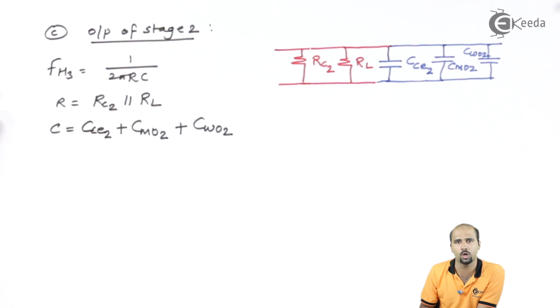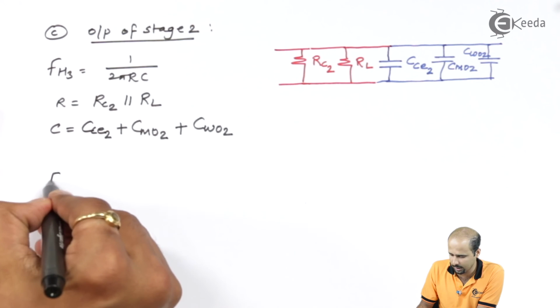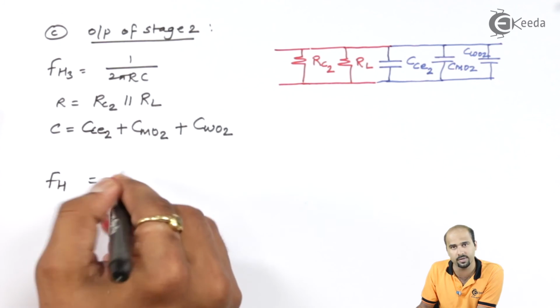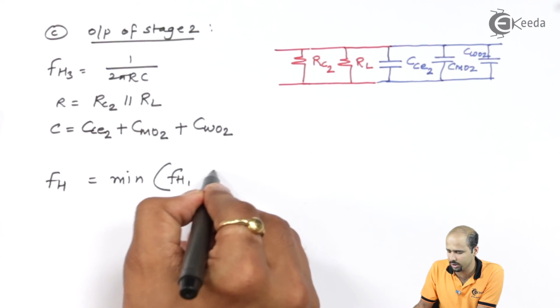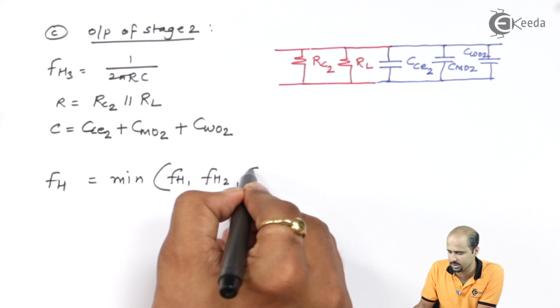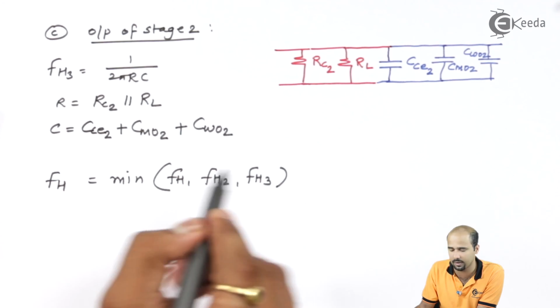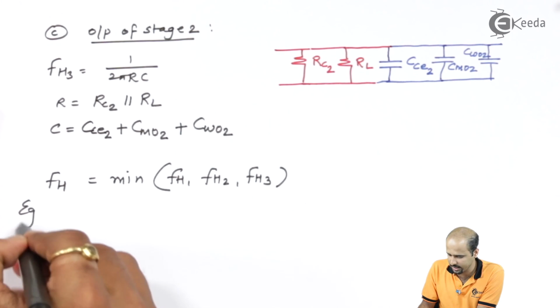After calculation of all FH1, FH2 and FH3, the question arises how to calculate the value of FH, whether we have to add, whether we have to subtract, whether we have to take the maximum value, whether we have to take the minimum value. So the higher cutoff frequency FH is nothing but the minimum value out of all the higher cutoff frequencies FH1, FH2 and FH3. So let's take an example.